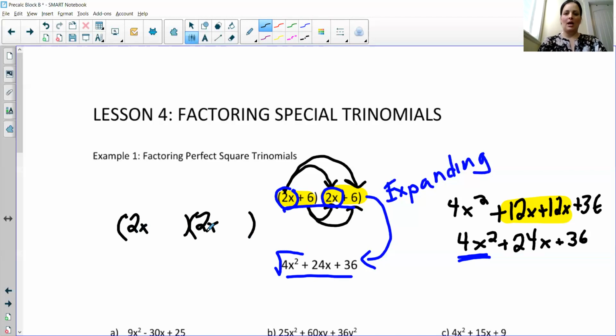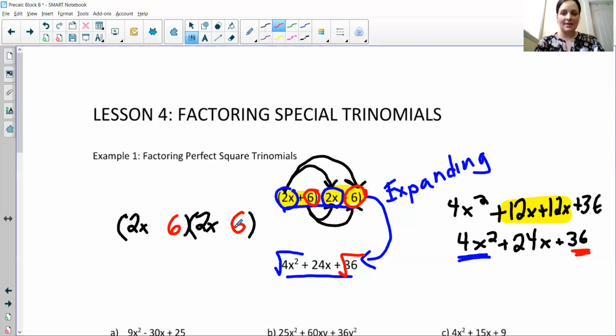Okay, and what do you notice about this last term? It was created by the last terms in both binomials being multiplied together, and they're the same number. So 6 times 6 is the same thing as 6 squared. So if we wanted to get the second term in the brackets, we would just take the square root of 36, and we would get 6.